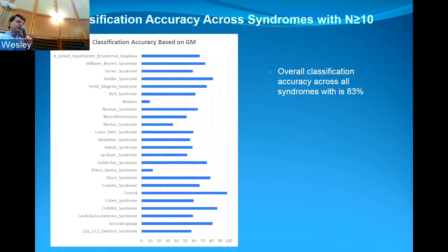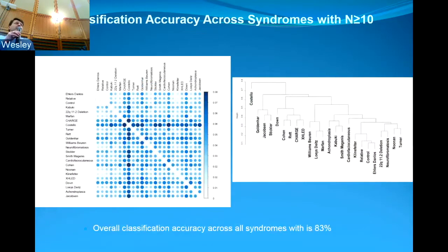So that was encouraging. And the one syndrome where we seem to have a lot of trouble is actually the one that Rich was talking about earlier, Ehlers-Danlos syndrome. And that's, I think, a combination of the fact that its facial shape effect is very subtle, but also heterogeneous within one thing. If you classify something that is not one thing, of course, you're going to do a bad job of trying to classify it.